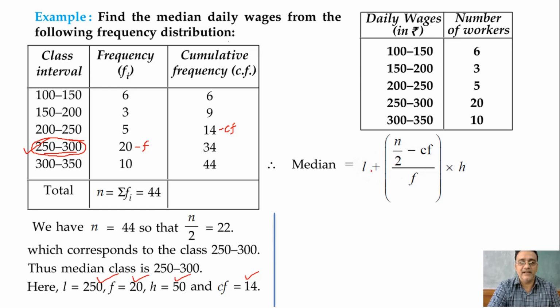The value of L is 250, n/2 22 है, and CF is 14, F is 20, and H is 50. Okay, so we'll get this value as 8, and this we can simplify, 8 into 5 40 by 2 20 मिलेगा, so final answer is 270.